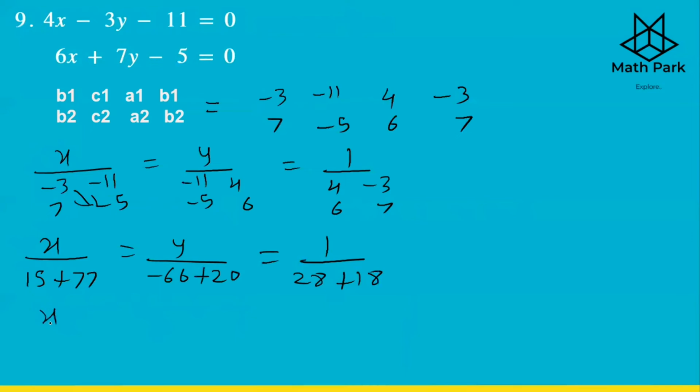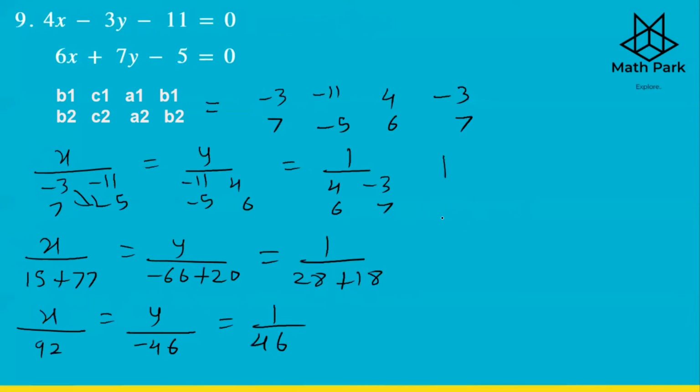So we get x upon 15 plus 77. We get this as 92. 7 plus 5, 12. We are getting this as 92 is equal to y upon, we are subtracting minus 66 plus 20. We get minus 46 is equal to 1 upon 28 plus 18. We are getting 46.